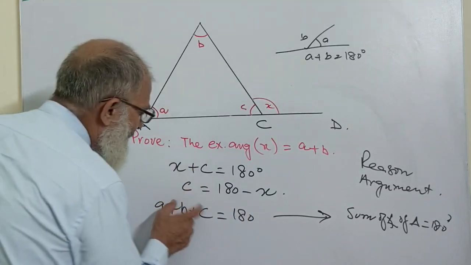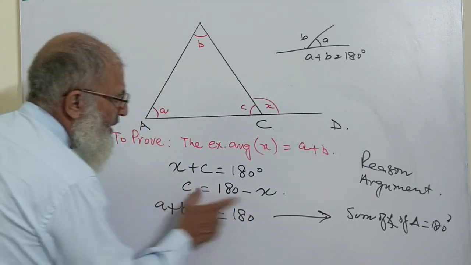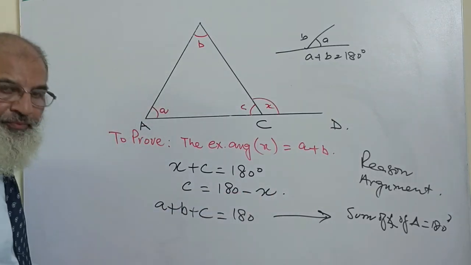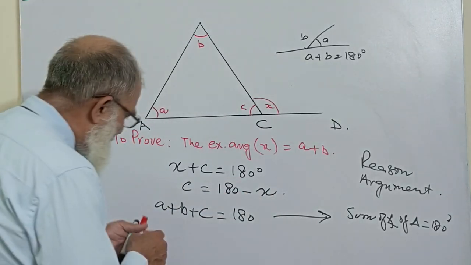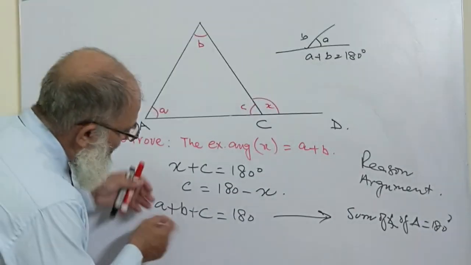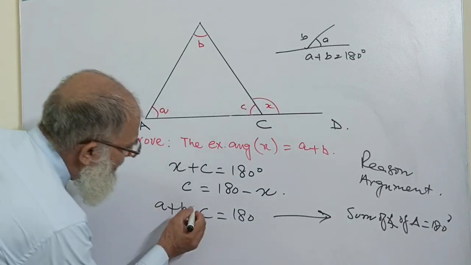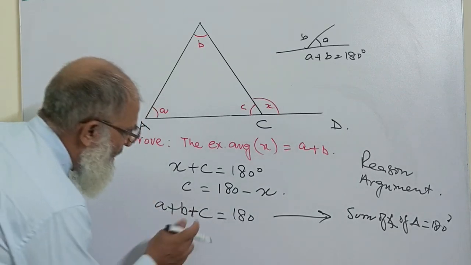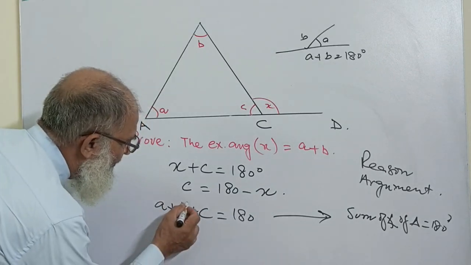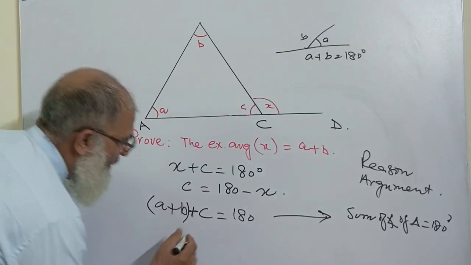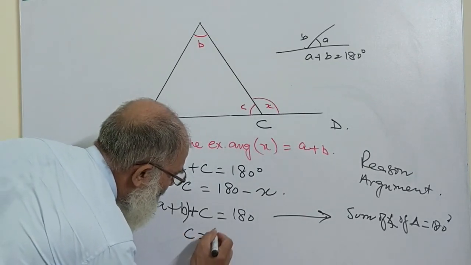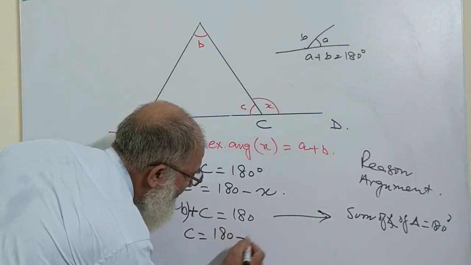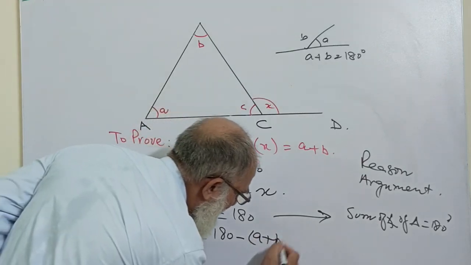Now if I manipulate this C, we just find C also from here and we eliminate this A plus B from here. Now C is equal to 180 minus (A plus B).